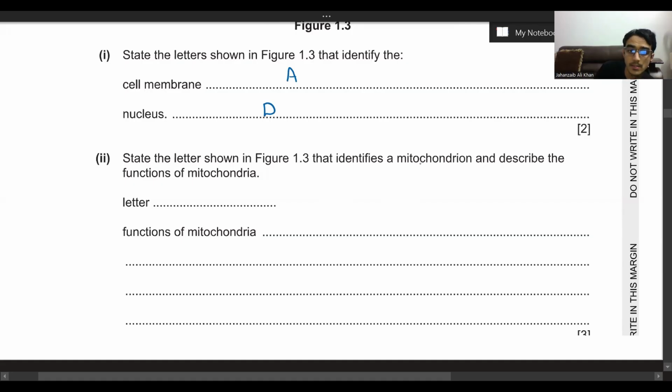Name the mitochondria and describe its function. The mitochondria was the letter B, if I'm correct. The function of the mitochondria: the mitochondria is the powerhouse of the cell. You've heard this line 100 times. So how to describe it? Mitochondria provides energy.